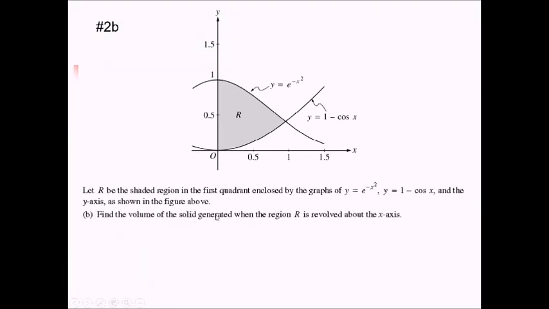For this part of the problem, I want to find the volume of the solid generated when R is revolved around the x-axis. So my limits of integration for the integral I'm about to do are going to be the same as before, 0 to the k value I defined back in part A. But now, for the thing I'm integrating, I need an area formula, the area of my cross-sections.